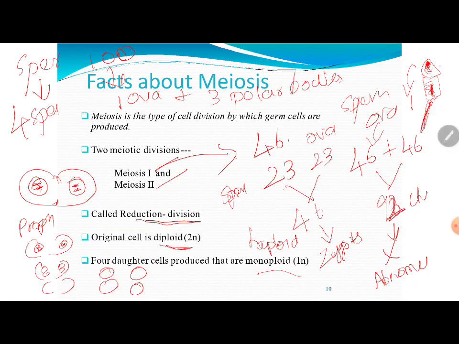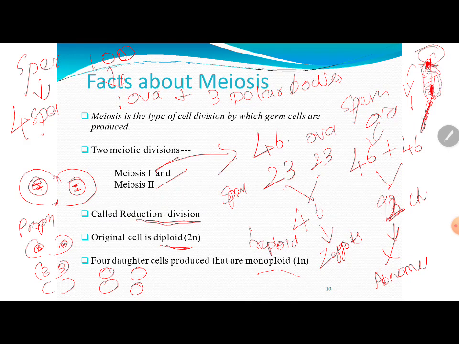So when they wriggle and reach the egg, the acrosome will release these lysosomal substances and rupture the egg membrane. Once the egg membrane is ruptured, the mitochondria is there because the sperm needs energy to move and wriggle around. So the inner part, the DNA alone, will be pushed inside the ova, and the rest of the part is left out.